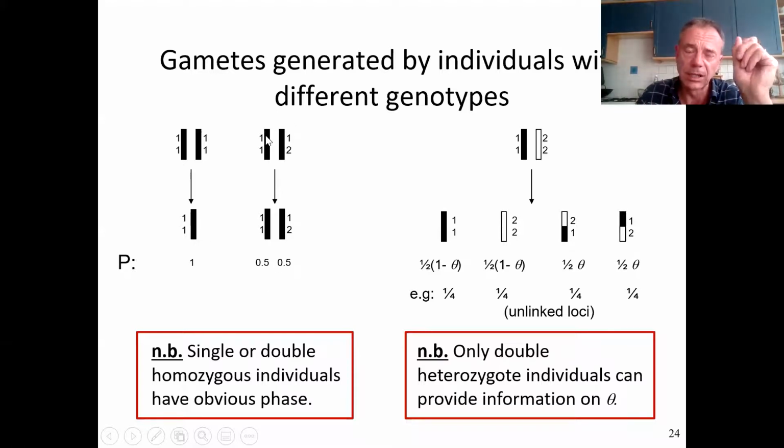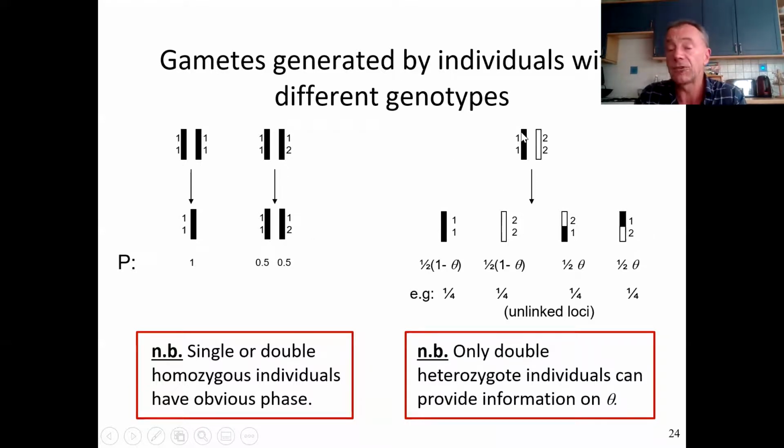If somebody's heterozygous at one and homozygous at another, we know what alleles they'll get. There's a 50-50 chance they'll get a 1 and a 1, and a 50-50 chance they'll get a 1 and a 2. But we can't tell whether there's been a crossover or not, because we don't know whether this one here is the same as this one or this one. So it could have been a crossover, might not have been. We don't know if this one here is the same as this one or this one. So it could have been a crossover, could have not been. So somebody who's homozygous at one locus cannot give information for linkage, forget it.